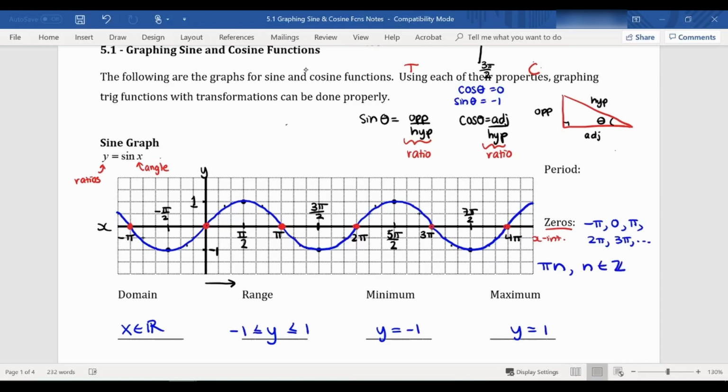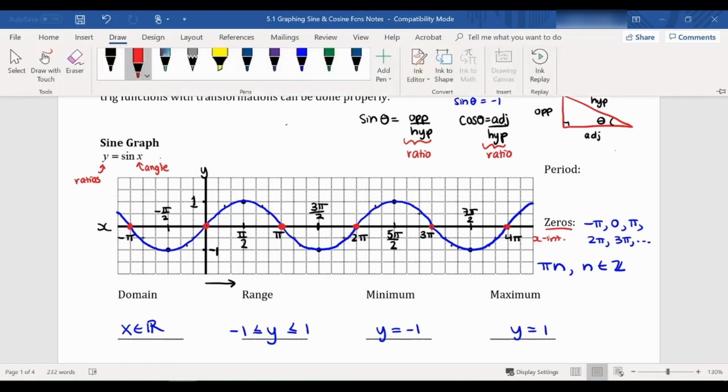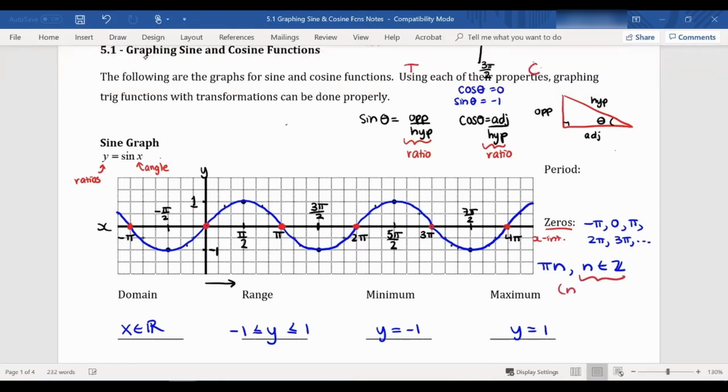So if n was 1, we'd be at 1 pi. If n was 4, we'd be at 4 pi. If n was -1, we'd be at -1 pi. So this just says that n is an integer. Again, you can use an i instead if you would like.